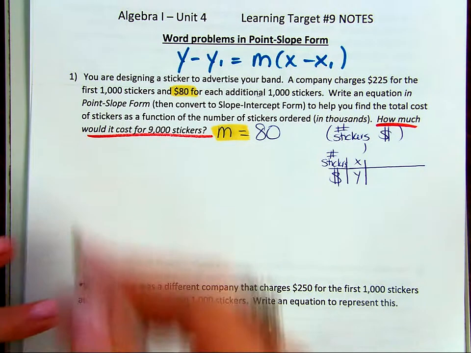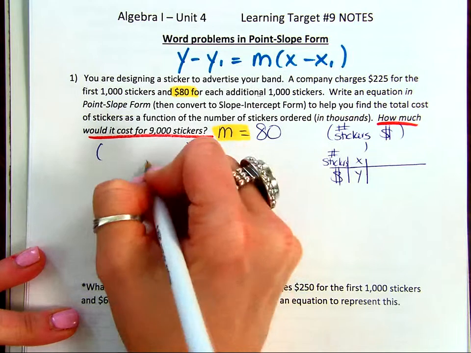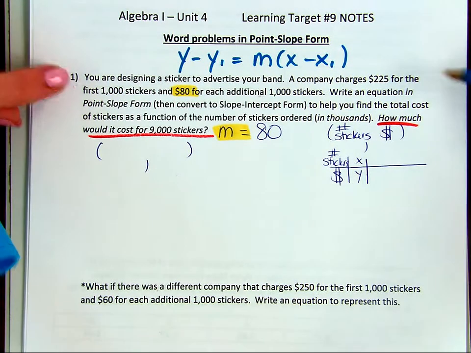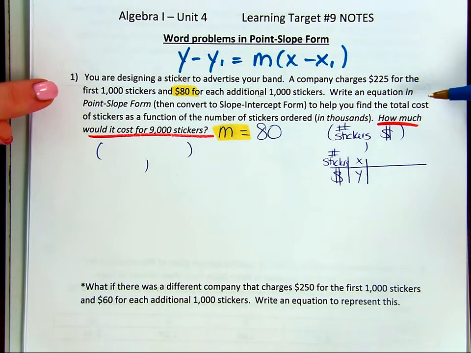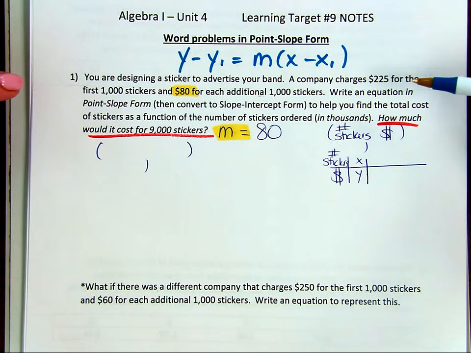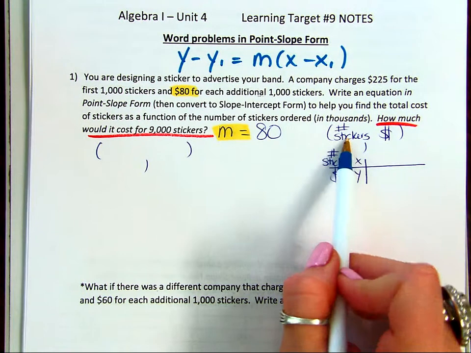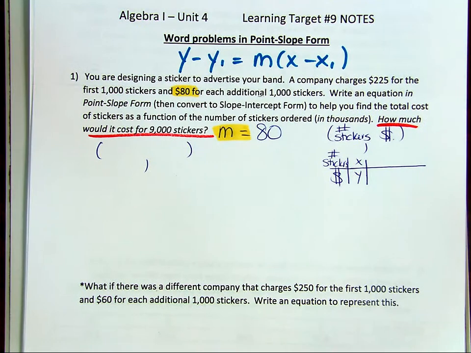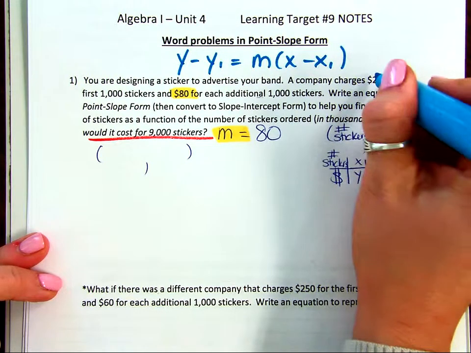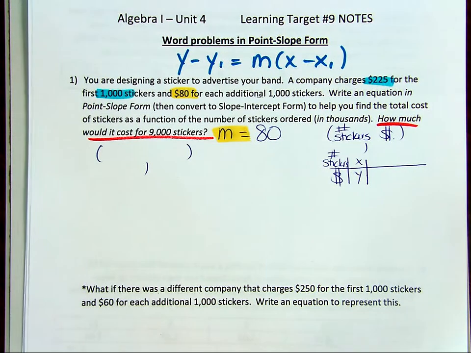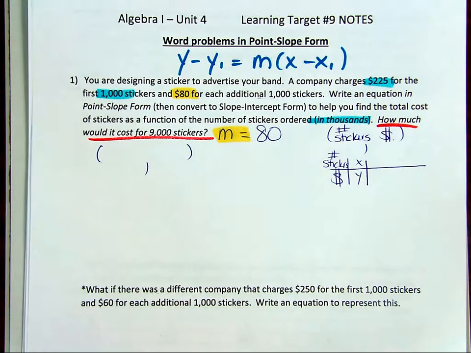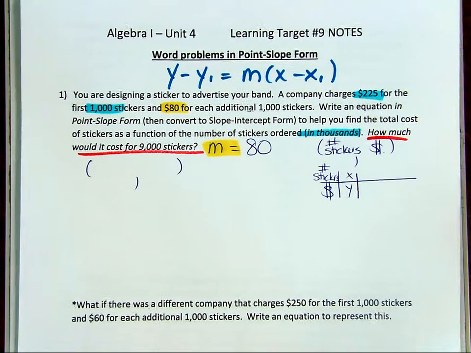So I'm looking for an ordered pair from this problem that's already there that gives me the number of stickers and the cost for that number of stickers. Do you see it anywhere? Anastasia? Yep. 225 for 1,000. Okay, now stop for a second because I want you to highlight or circle that.